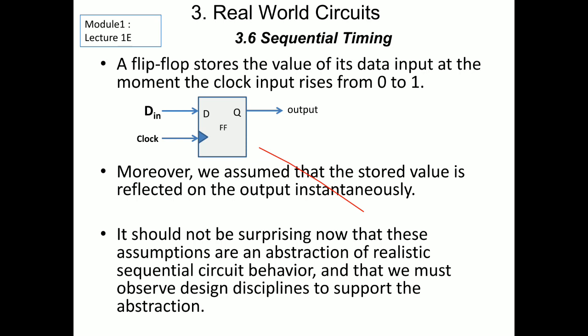Okay, we all know that a flip-flop stores a value. It may be a logic 0 or logic 1. We might have assumed we will get an instant, straight output, but no, we will not get a straight waveform. We will get a delayed waveform. We will see how the flip-flop gives the output in a real scenario.